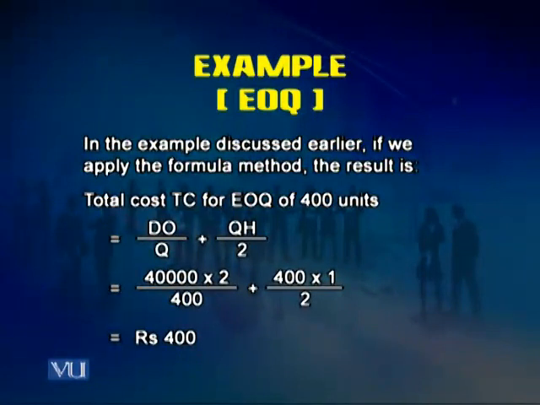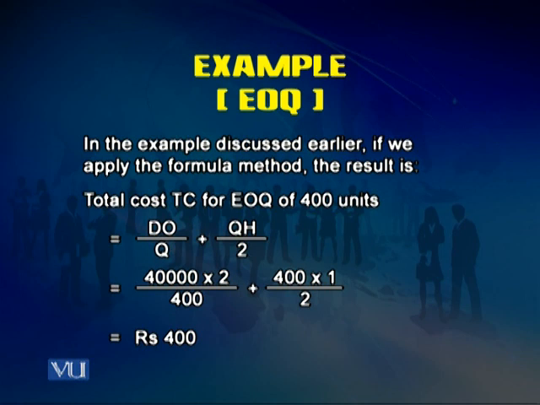The result is total cost TC for EOQ of 400 is equal to DO over Q plus QH over 2. This is 40,000 D multiplied by 2, the cost per order, over the quantity we calculated as 400.